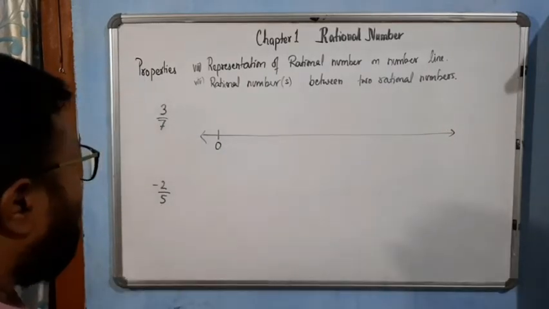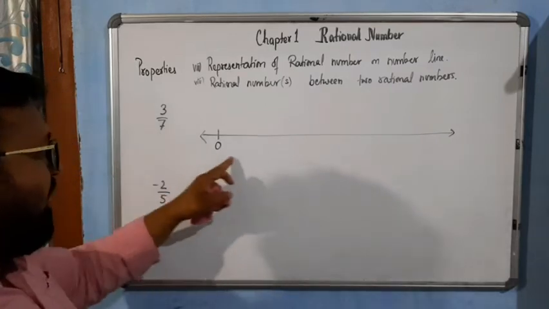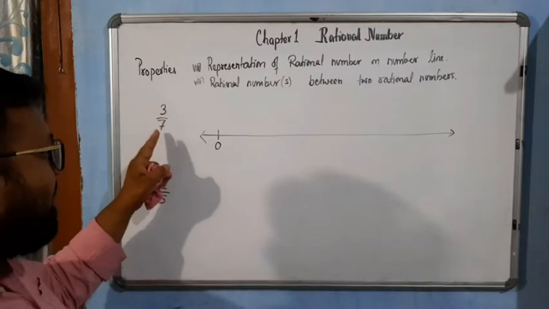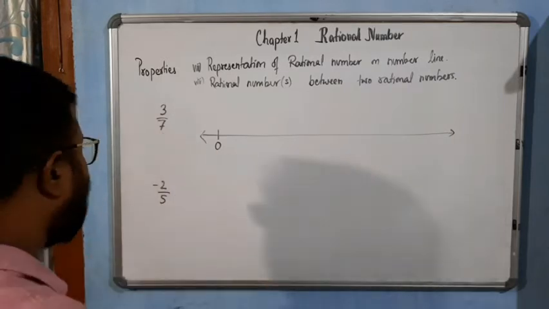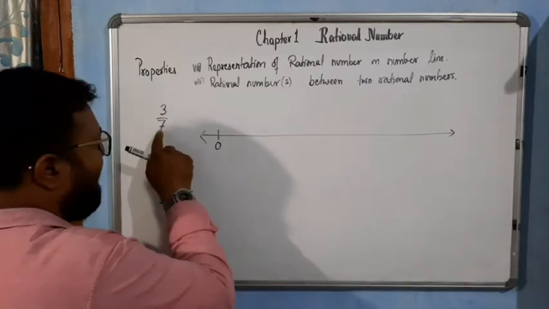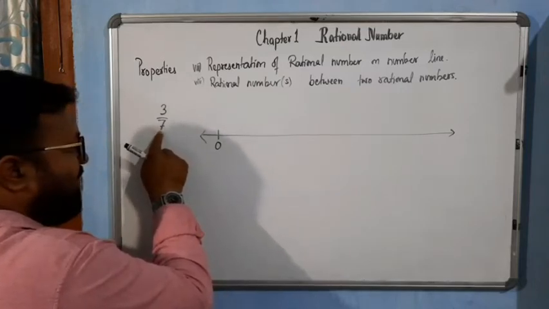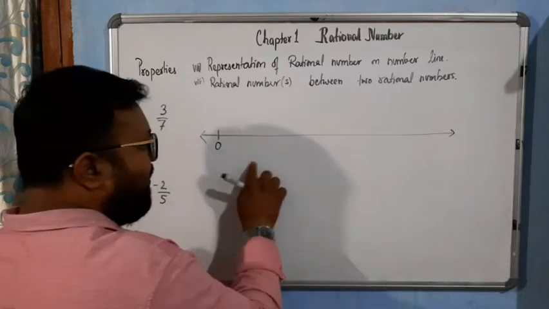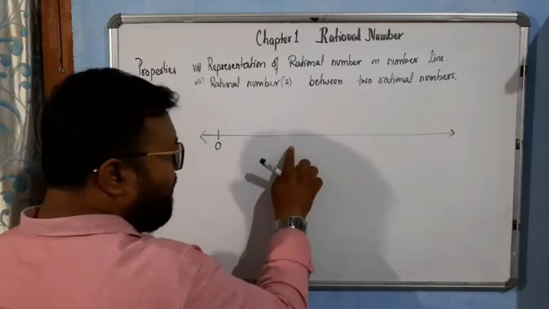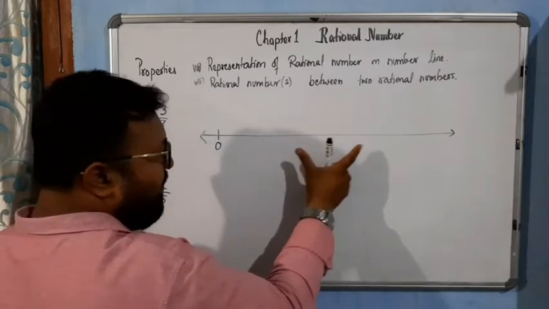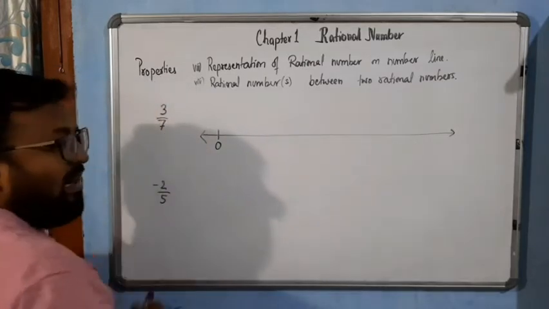Now, how will we plot 3 by 7 on a number line? First we check the denominator. Here the denominator is 7. So each unit, 0 to 1, 1 to 2, 2 to 3, will be divided into 7 small divisions.